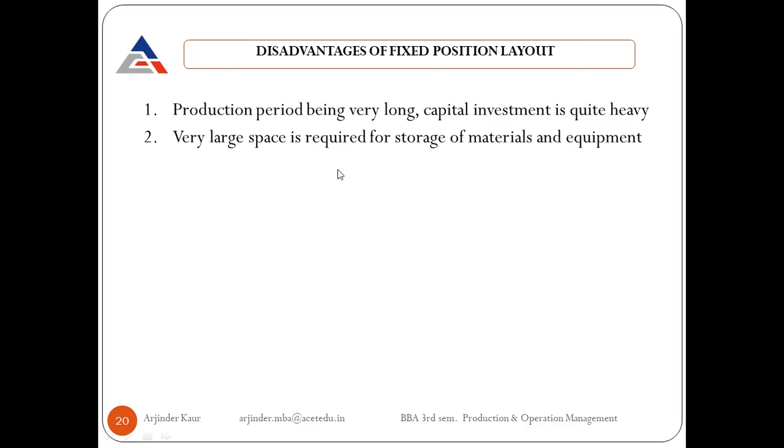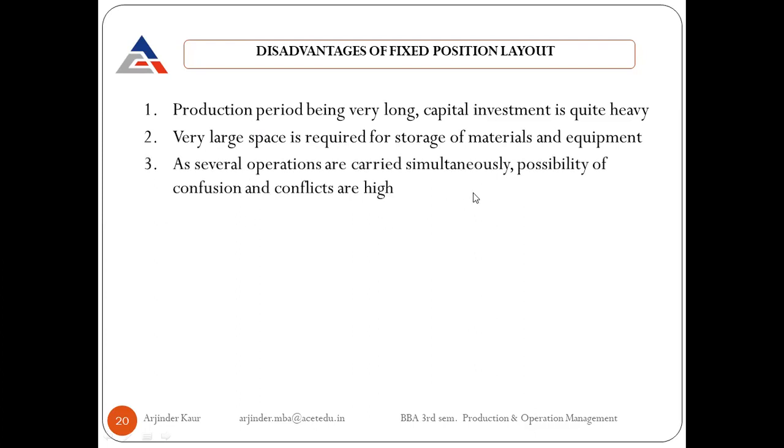You could make it out from the examples I've shown you, because there are a lot of parts that need to be assembled, so we need a huge space to store all these things. As several operations are carried out simultaneously, the possibility of confusion and conflicts is high, because a lot of people will be working at the same time. So it can lead to confusion among them.